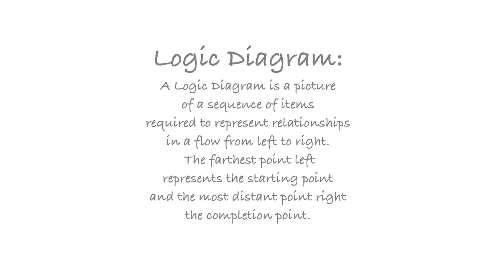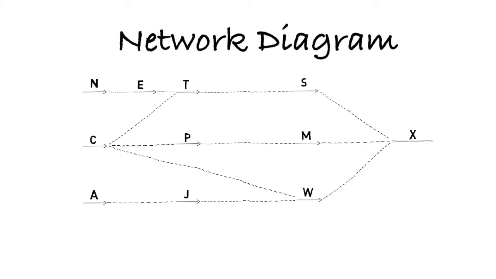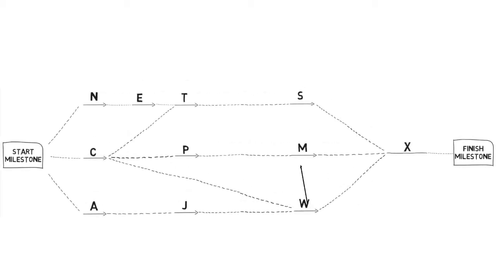In this lesson, we're going to take our completed solution and incorporate some basic aspects of composing what is known as a network diagram. For our purposes today, it will be a closed network. A closed network has a single starting point and a single ending point, known respectively as the start and finish milestones.